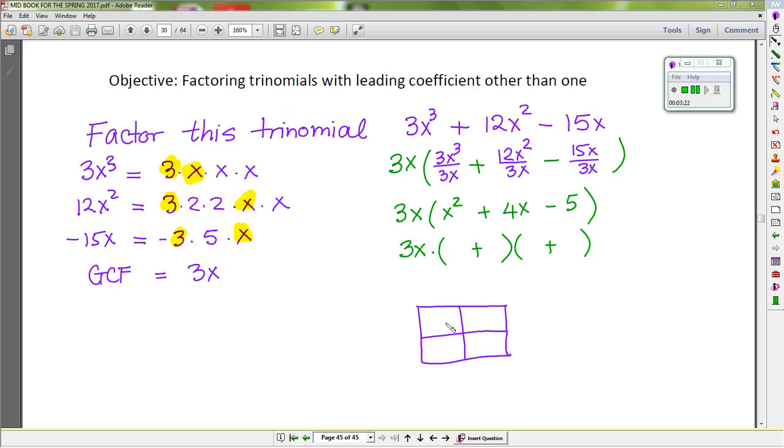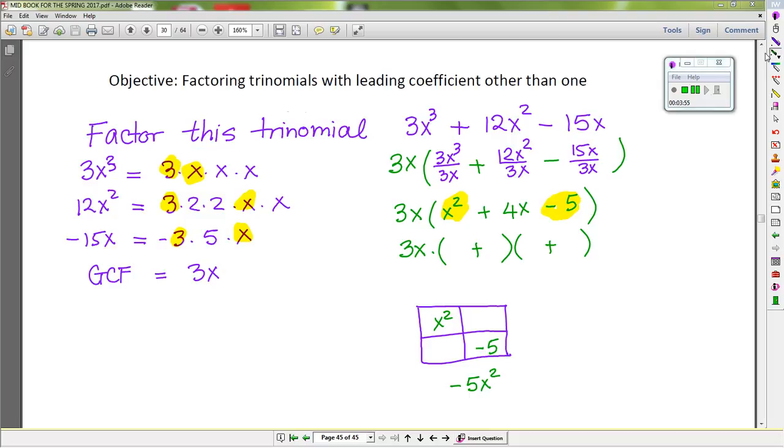In the top left corner of my 2 by 2 box, I'll put the first leading term inside the parentheses, so that will be x to the power 2. Then I will put the last term in the bottom right corner of our 2 by 2 box, and multiply these two numbers. That will give us negative 5x squared.